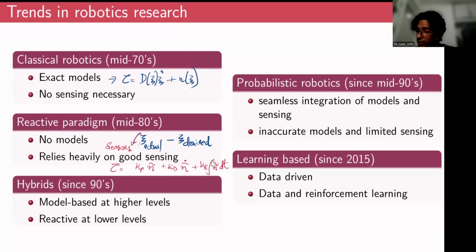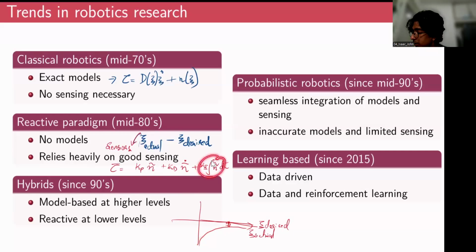For example, say this is the desired state, which I'll call sigma desired, and over a period of time the actual trajectory is something like this, there is probably going to be a steady state error, because the actual error may not be fully eliminated. Most of the controllers are asymptotically stable, which doesn't necessarily ensure the elimination of this error.